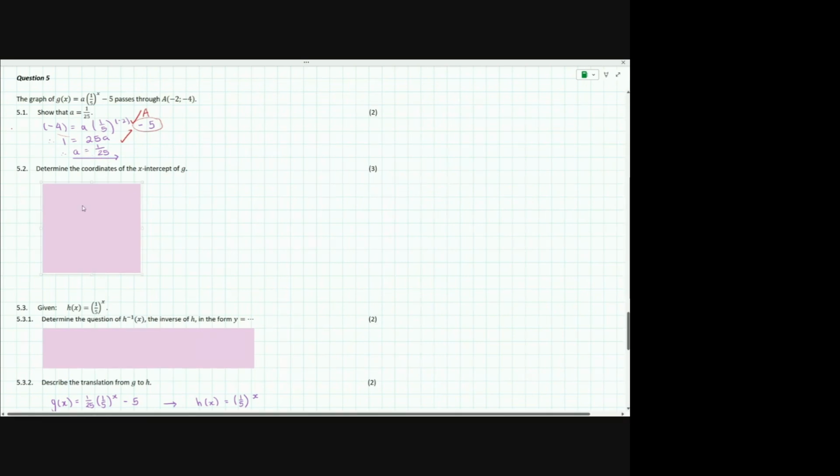Right, when we then get to 5.2, it says the coordinates of the x-intercept. X-intercept is where y is equal to 0. So I need to see that you substituted in y equals 0. I then essentially need you to use your knowledge of exponents and exponential equations in order to make your bases the same, and then finally getting your coordinate for the x-intercept.